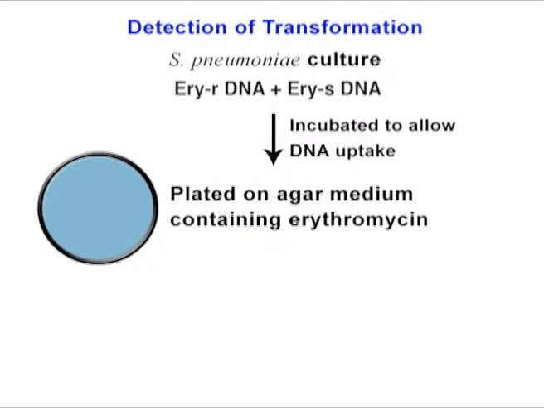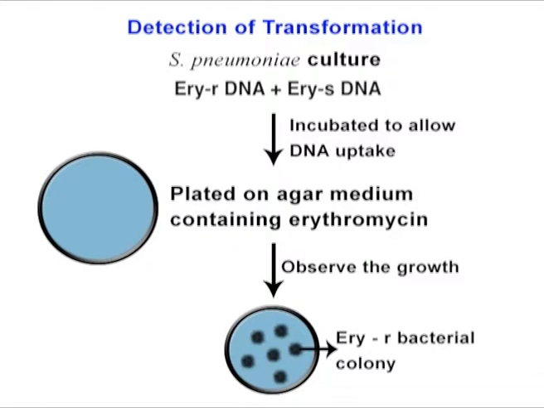Later, the cells are plated on the agar medium containing erythromycin to observe the growth of erythromycin resistant bacteria, indicating that those cells have been transformed from being erythromycin sensitive to erythromycin resistant.